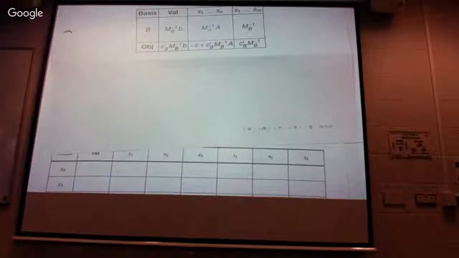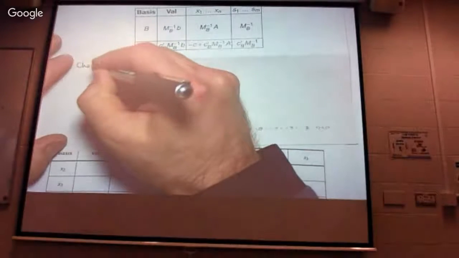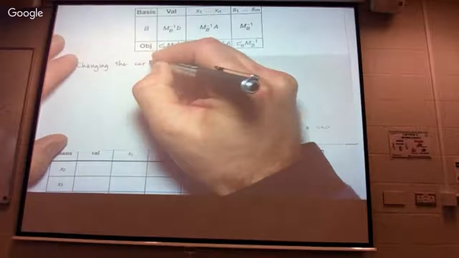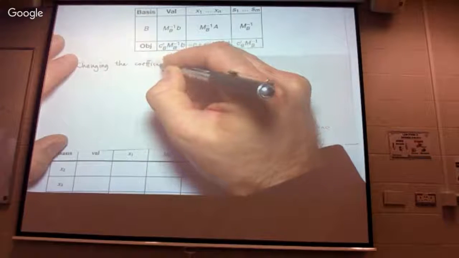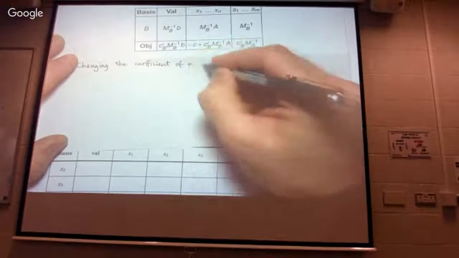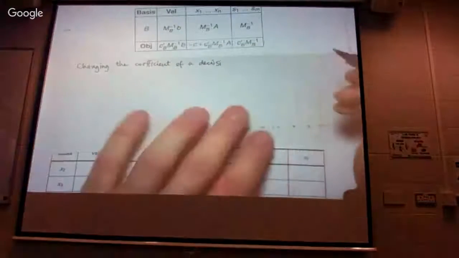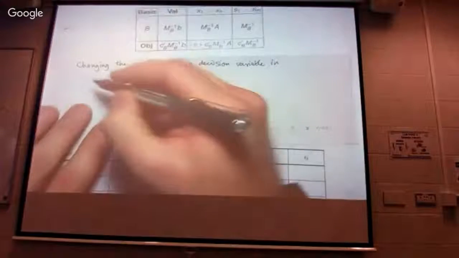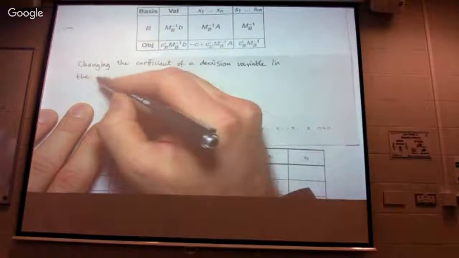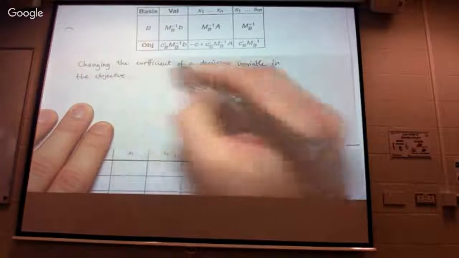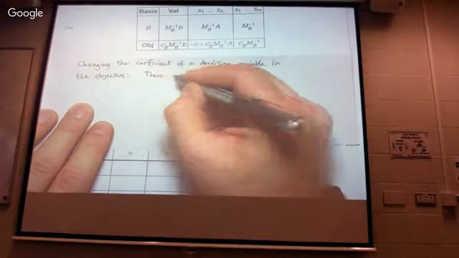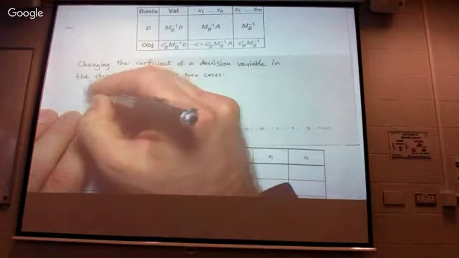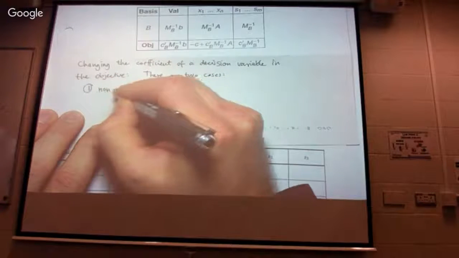I'll write this here. Okay, changing the coefficient of a decision variable in the objective. There are two cases. One, non-basic variable.